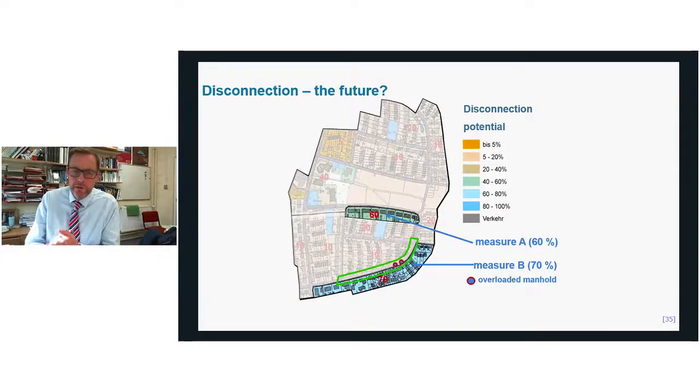So rather than decombining pipe networks being the future, what the future is, and I'm talking about existing developments here, is retrofitting storage to combined networks to reduce the spill volumes and also flooding, but also disconnecting the surfaces entirely from the pipe network.